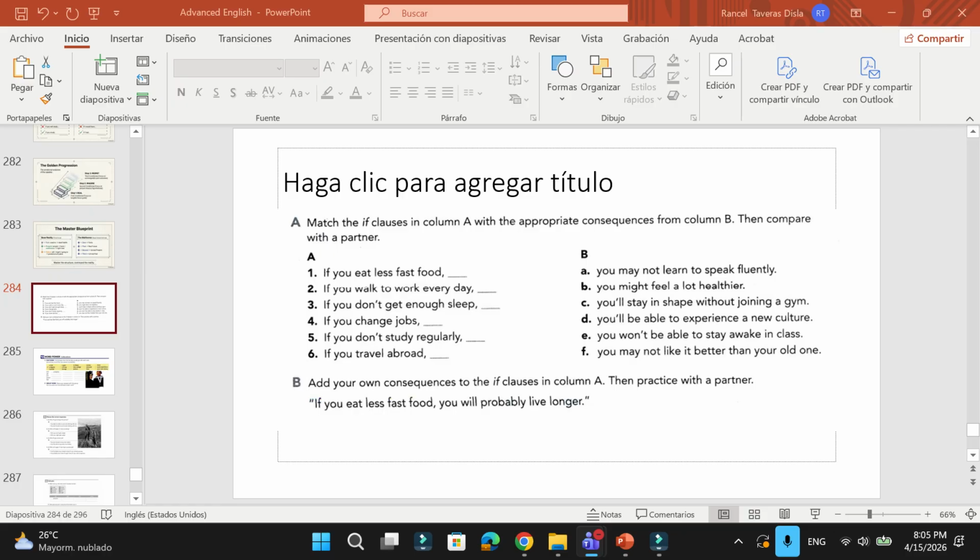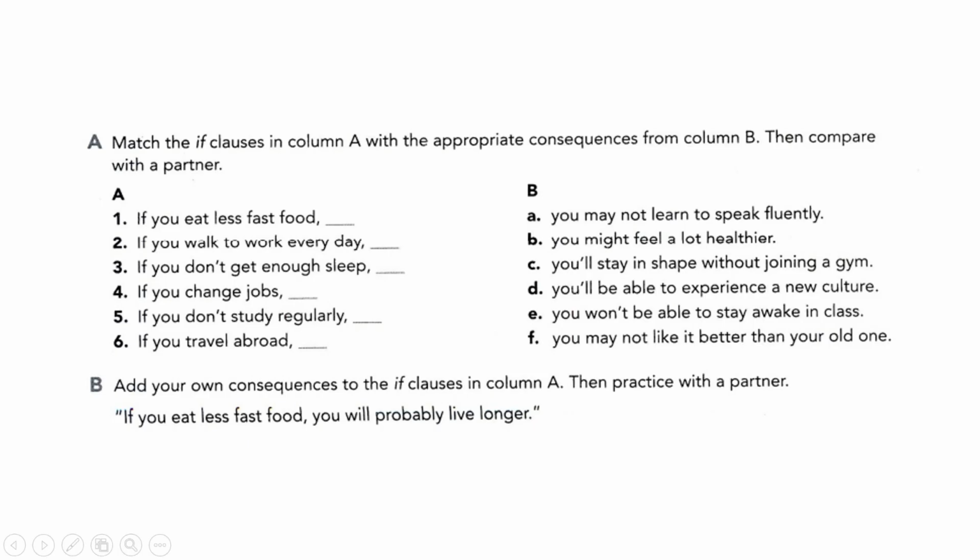Okay, so in our last class we were talking about the conditionals, right? And the only conditional that we actually studied was the first conditional. I only showed you the other conditionals so you have an idea about them.